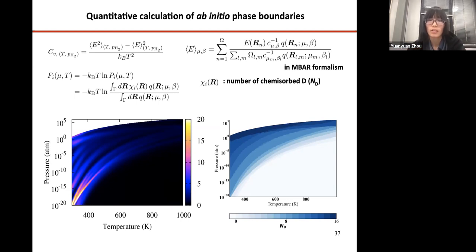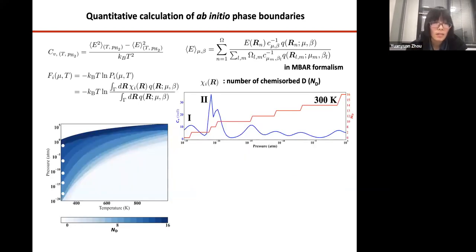So the number of chemisorbed deuterium is the phase indicator here. And this is a TP map of the number of sorbed deuterium. Different colors are different numbers of sorbed deuterium. And with this, we try to get the phase boundary.